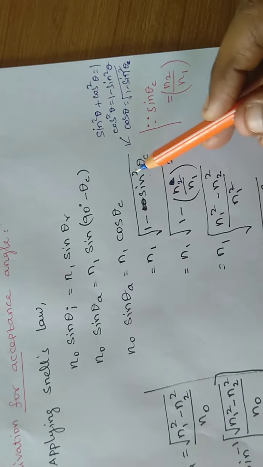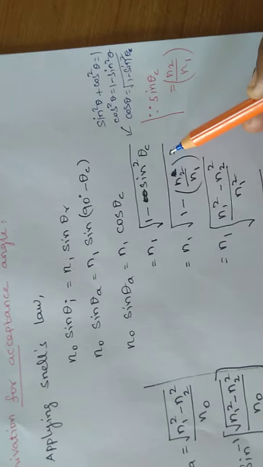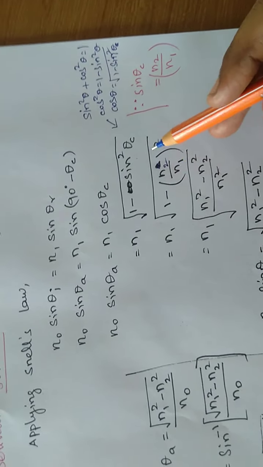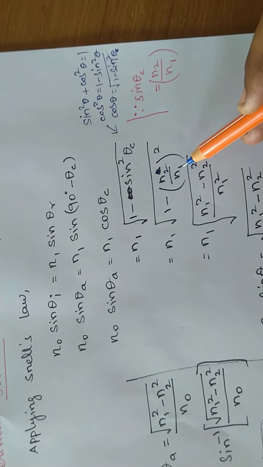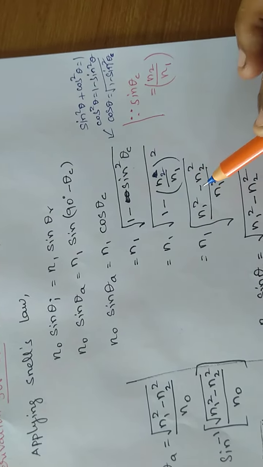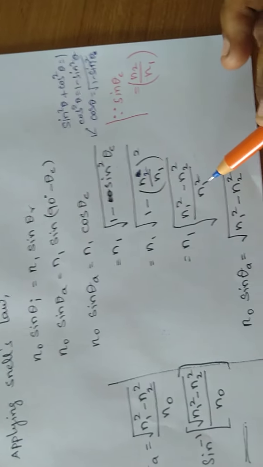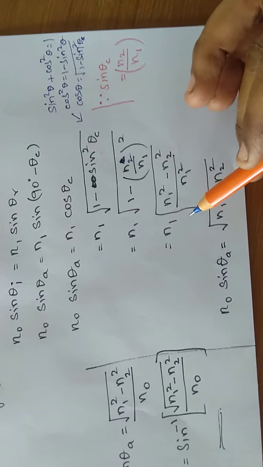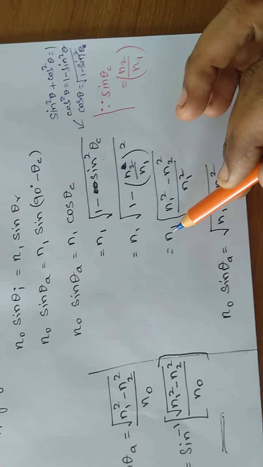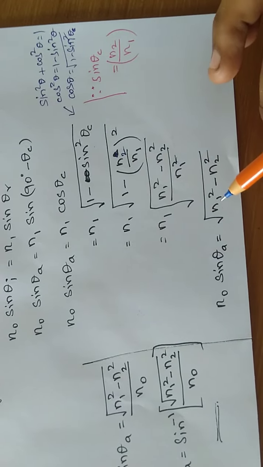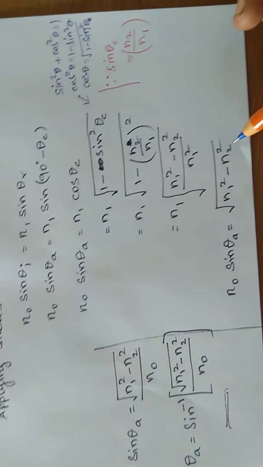So N2 divided by N1 whole square, and in the next step we can simplify this: N2 square divided by N1 square, and taking the LCM, N1 square minus N2 square divided by N1 square. We can take this N1 square out of the square root, which gives N1. So N1 divided by N1 gets cancelled, and the remaining will be the square root of N1 square minus N2 square.